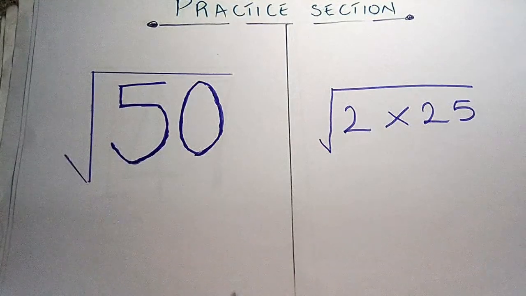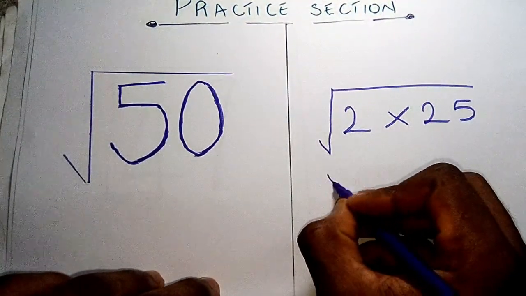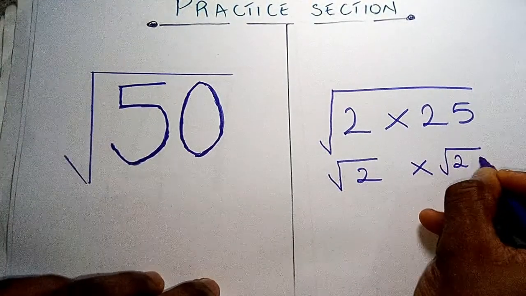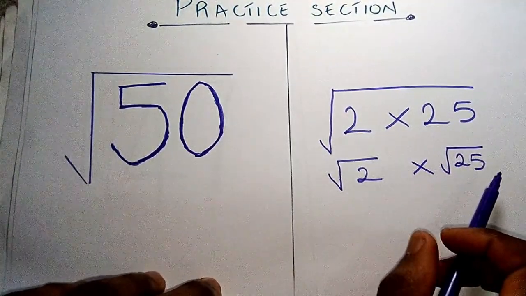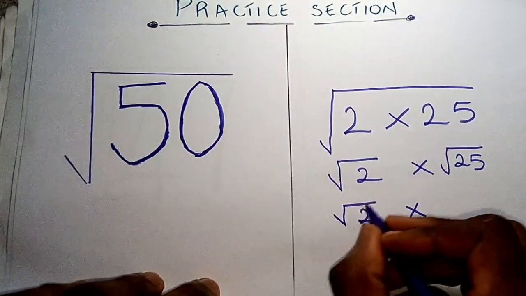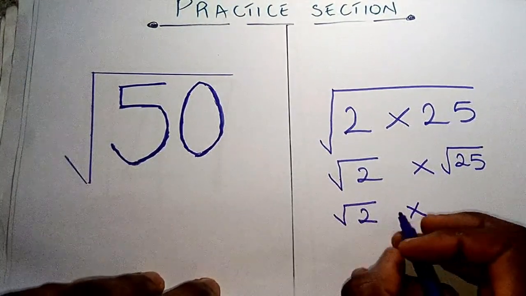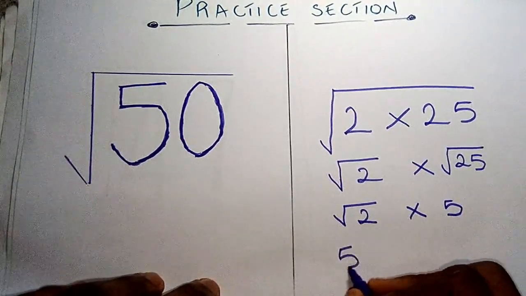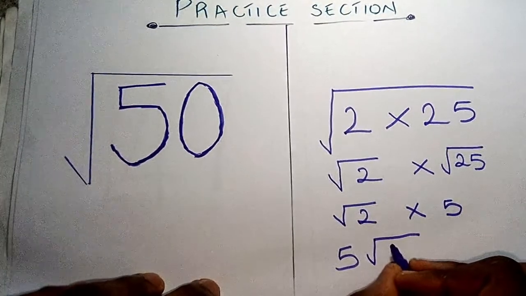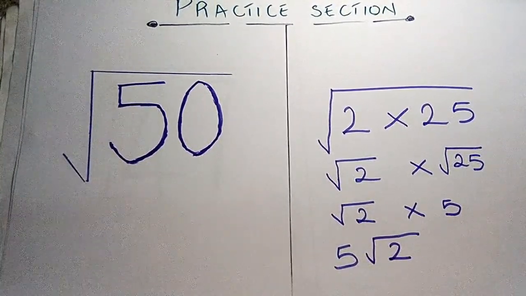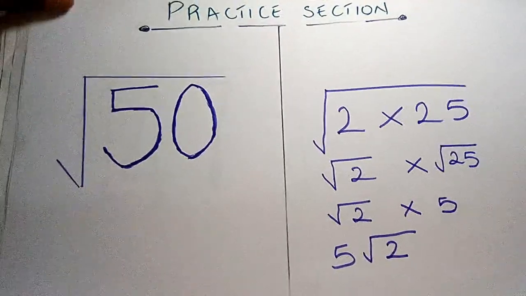Okay, so now the next step is to separate it. The next step is to find the root of the square number, which is 5. We'll leave this because we cannot find the root of 2. And then the simplest form of root 50 becomes 5 root 2. So it's that simple. Now let's go to the next one.